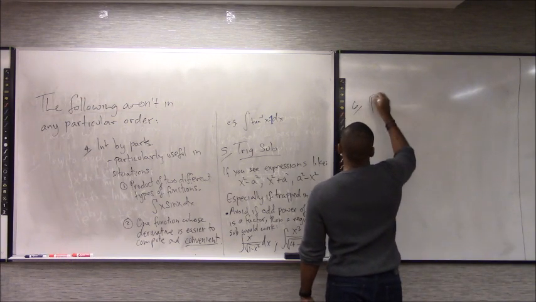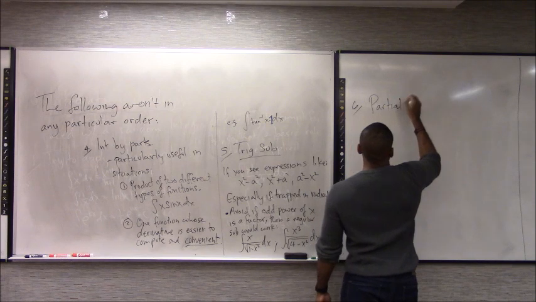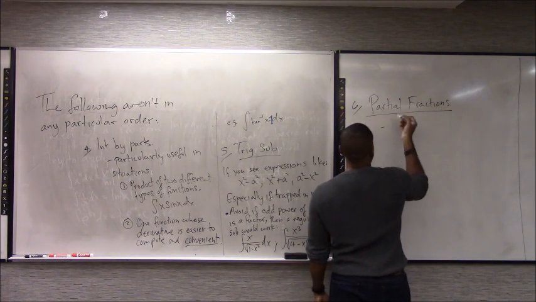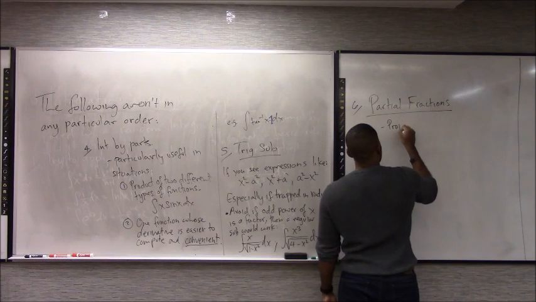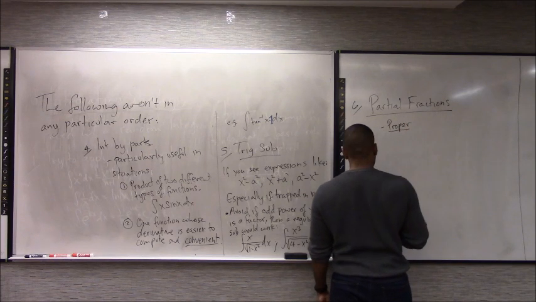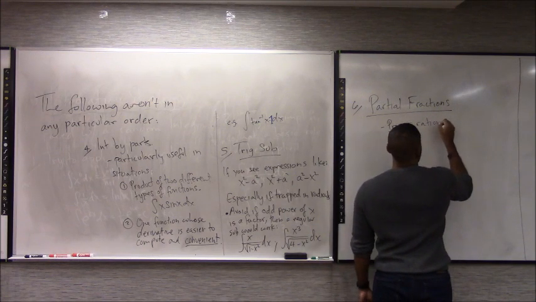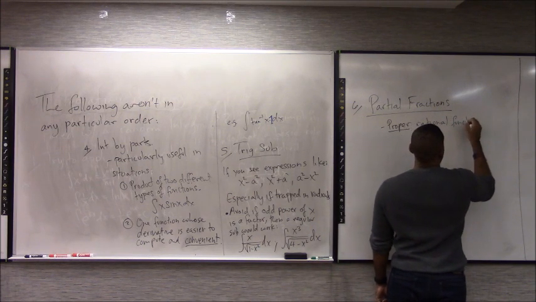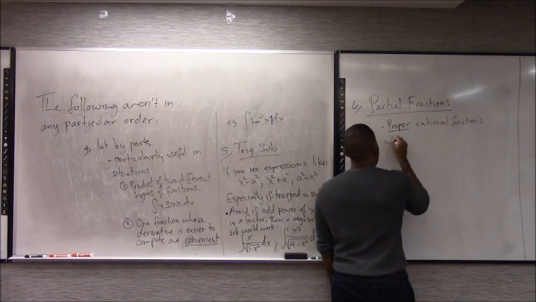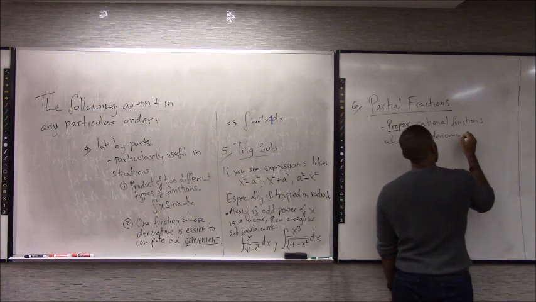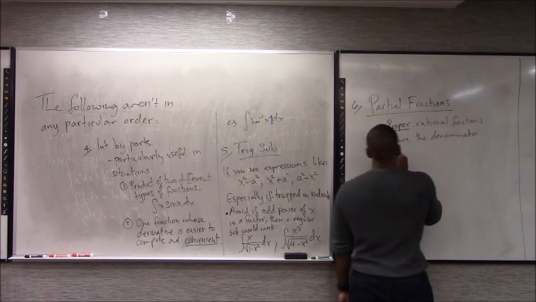Six, partial fractions. And this you'll see when you have proper, meaning the highest power on the top is smaller than the highest power on the bottom, rational functions where the denominator factors.